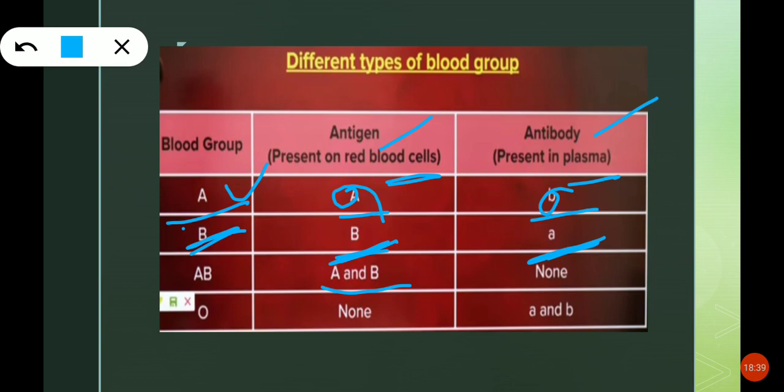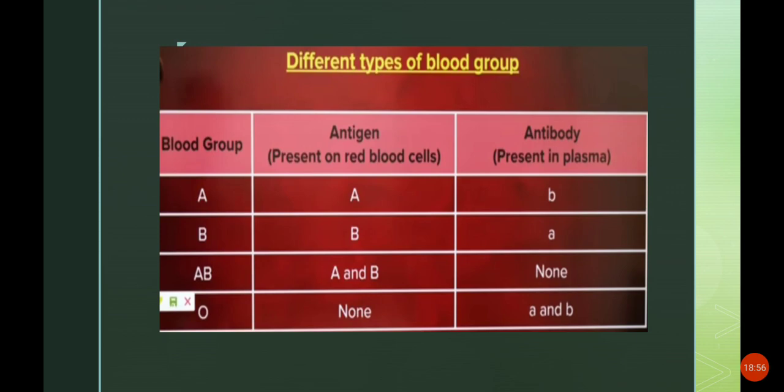Such a blood group is called AB. And what is O? Antigens are absent in that, and antibodies small a and small b are present. Then that confirms it is the O blood group. So this is how we can know the blood groups.